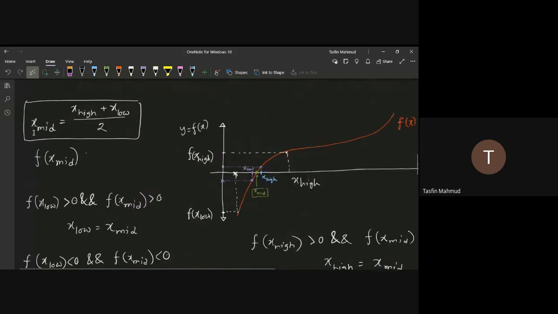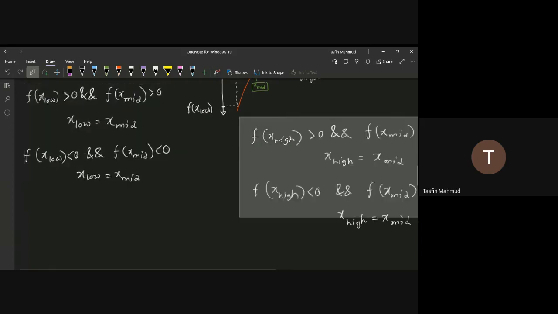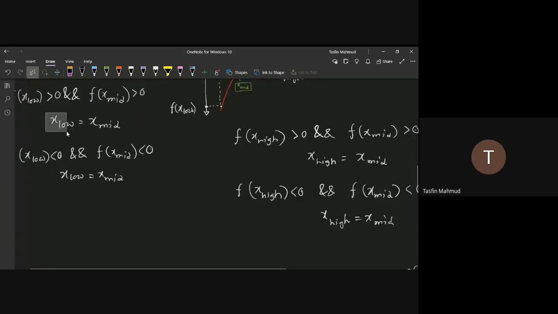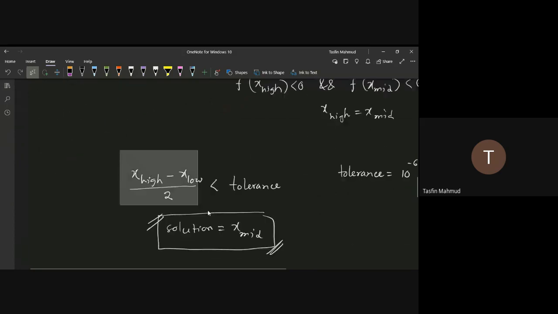After calculating this x mid, we will calculate f of x mid and do these checks and replace x low or x high with the x mid value, and we will stop when the tolerance value is close to this. The approach is same as before.